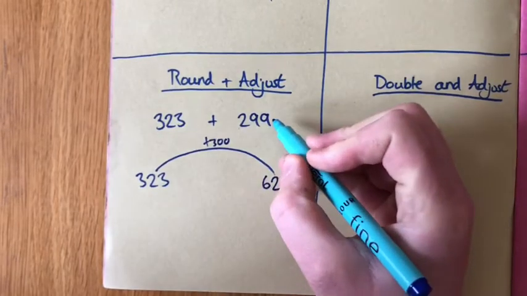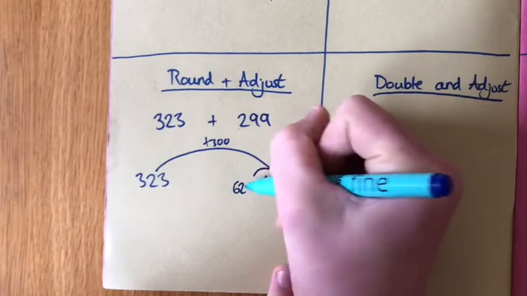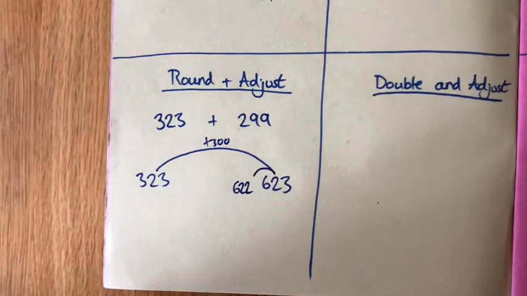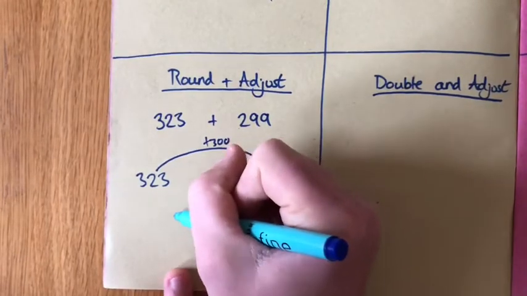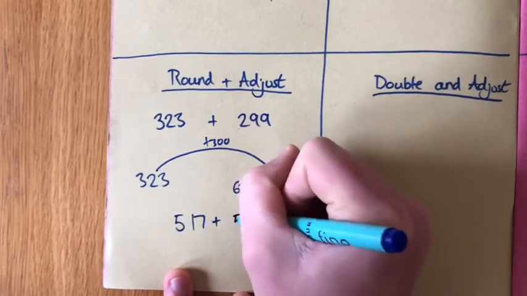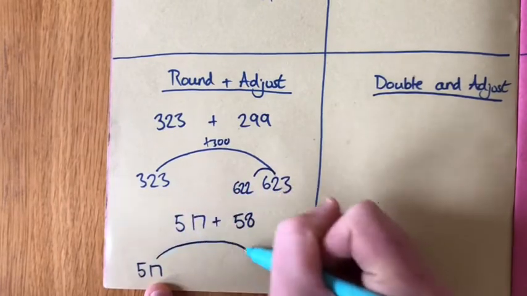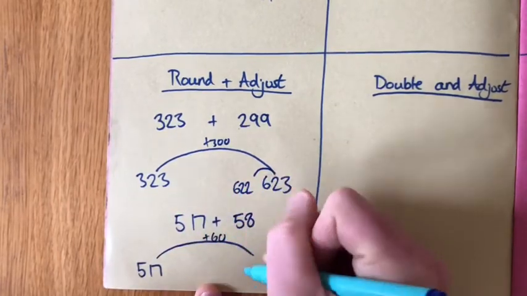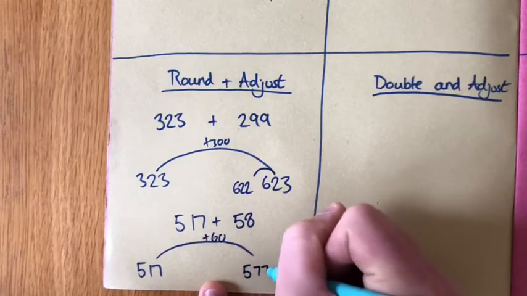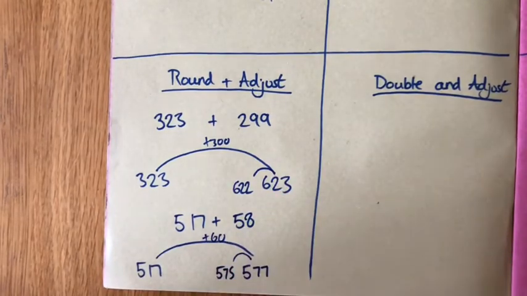And then it wasn't 300, it was 299, so I just need to take away 1 to get me to 622. Or I might have something like 517 add 58. Well, some of us might go 517 add 60 is going to get me to 577, then take away 2 to get me to 575. Rounding and adjusting, something like that.